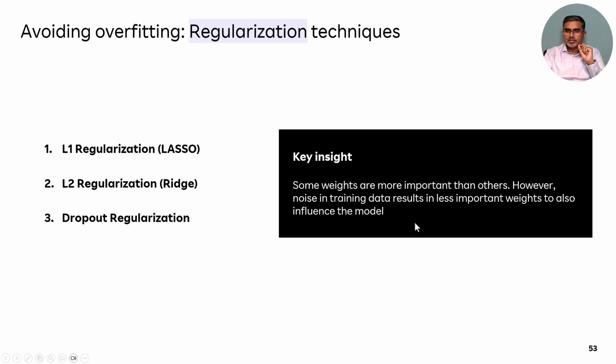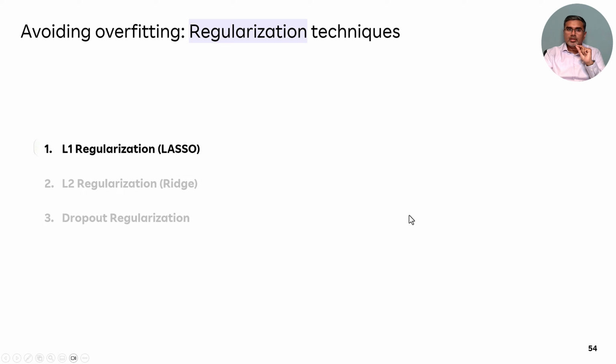Right? That is a key insight. These are all different techniques, but what are these techniques trying to achieve? They are trying to achieve it by suppressing the influence of those features or those weights that have little to do with the pattern in your data. Okay. So let's start to understand each of these three different techniques now.